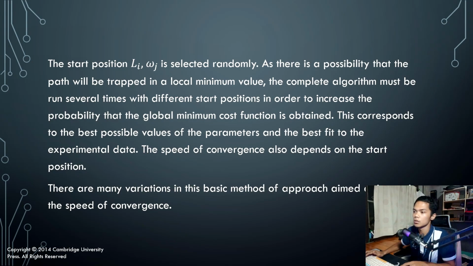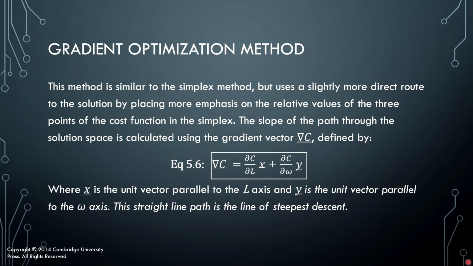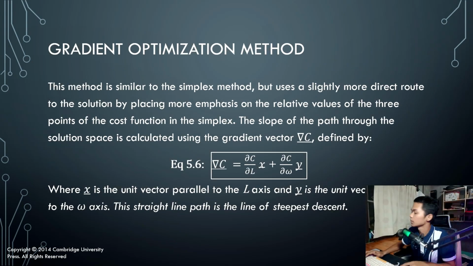This corresponds to the best possible values of the parameters and the best fit for the experimental data. The speed of convergence also depends on the startup position, by the way. And there are many variations in the basic method of approach aimed at improving the speed of convergence. That ends topics for the simplex.